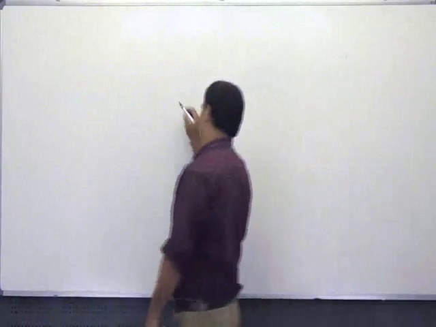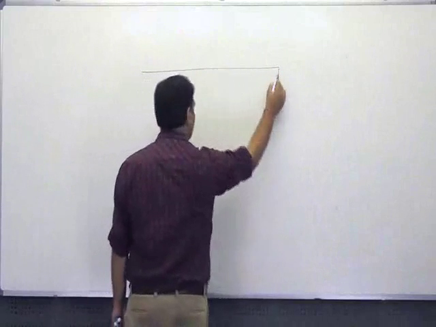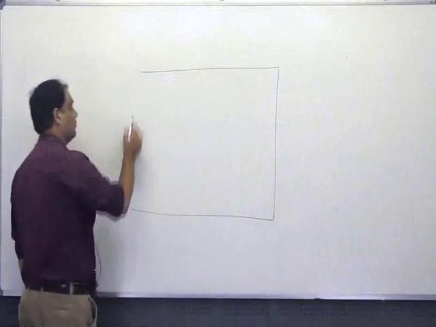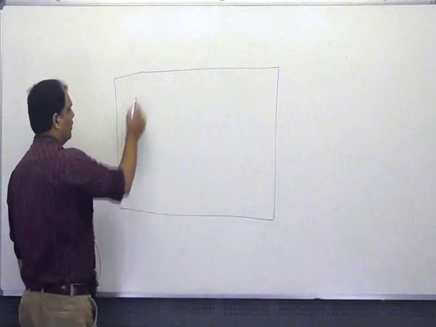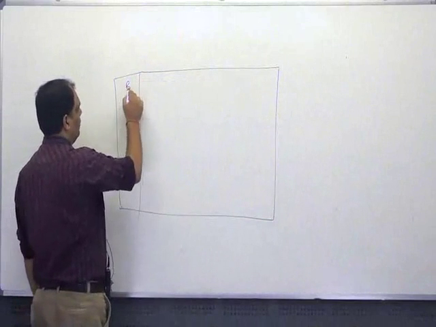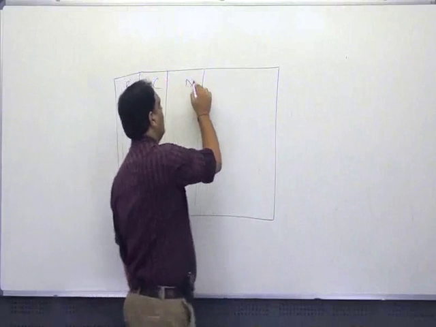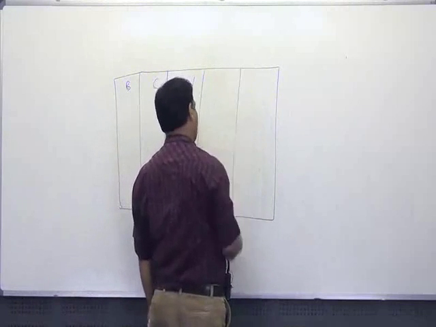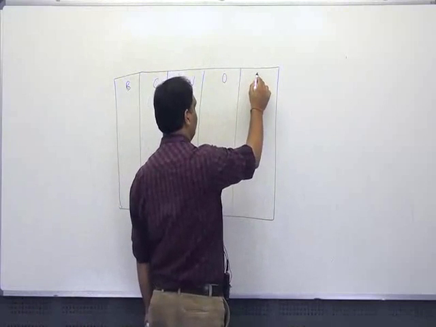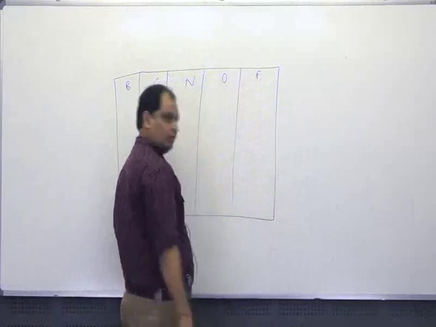Now we'll discuss p block. This is the p block: boron family, carbon family, nitrogen family, oxygen family, and fluorine family.